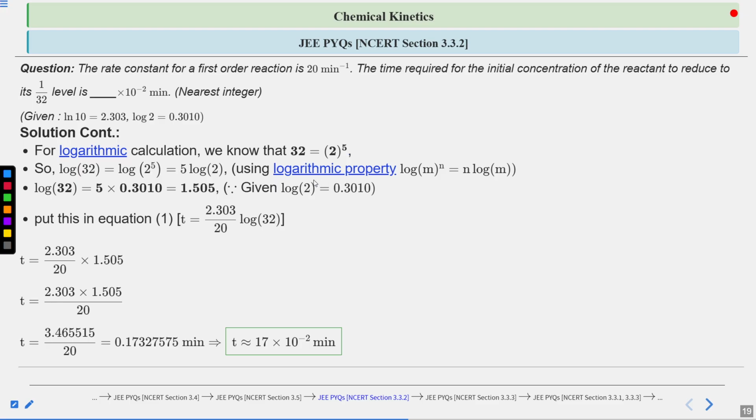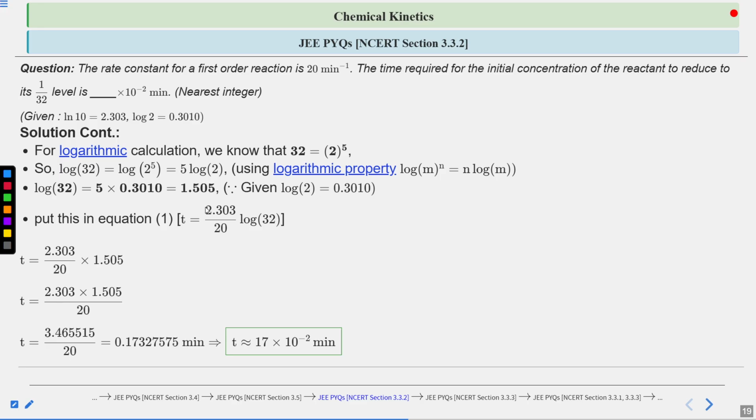Simple multiplication you can do. Generally in the questions, the answer is asked up to 2 digits or up to 2 decimals, not at this deep level. So our final answer is coming out as 17 for this question.